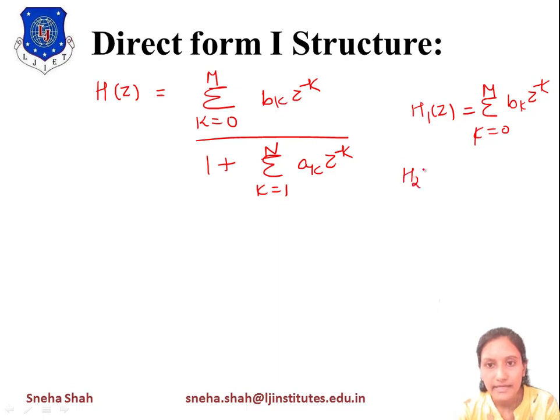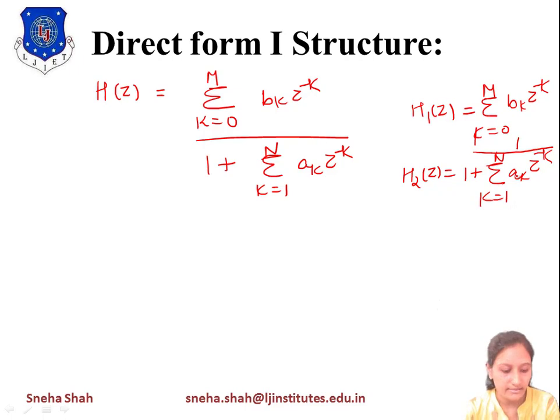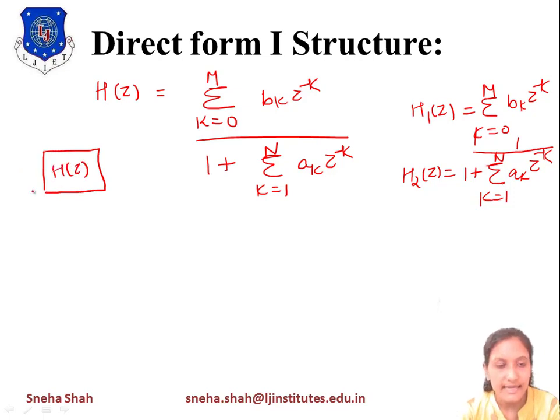And we define H2 of z as 1 plus summation k equals 1 to N a_k z raised to minus k. But this one is the denominator, so we represent it as 1 upon this term. Now for any system, the system transfer function is represented as H of z. Over here we apply input X of z, and it gives the output Y of z, right?